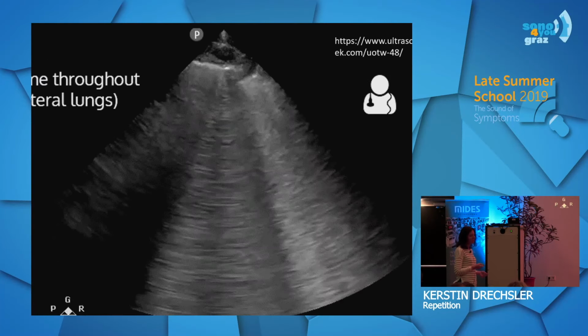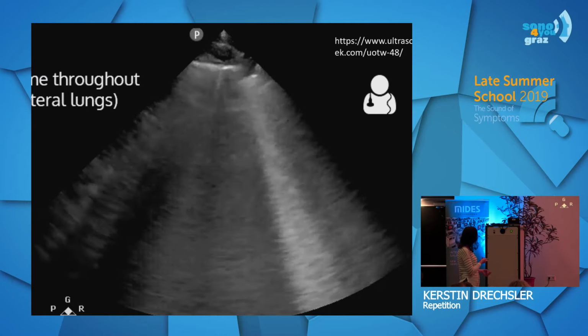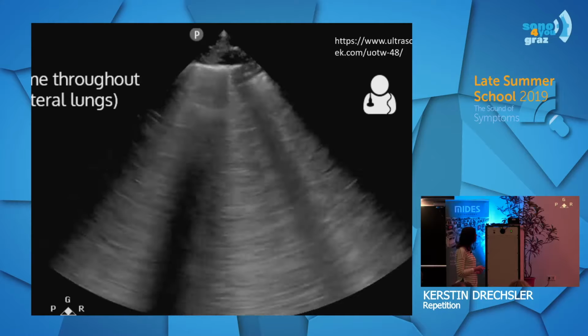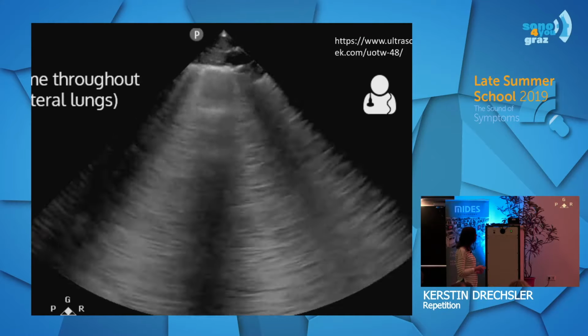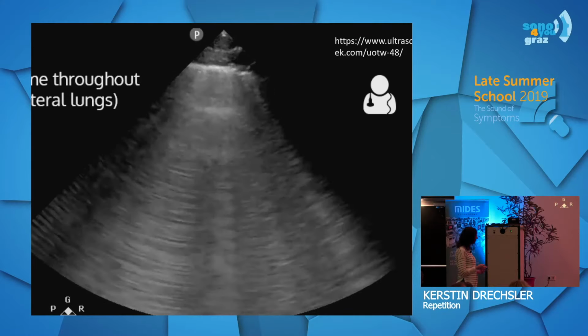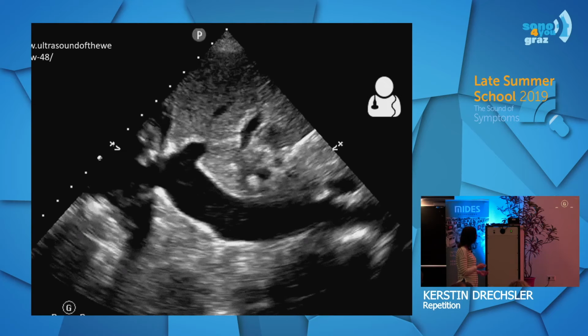We move on to the lung, and if you scan the lungs, it will look the same throughout all parts of the lungs. And then we scan the inferior vena cava and its drainage in the right atrium.